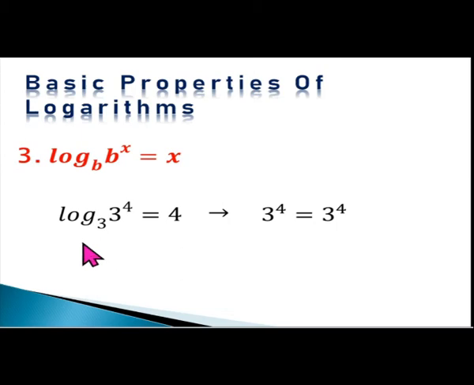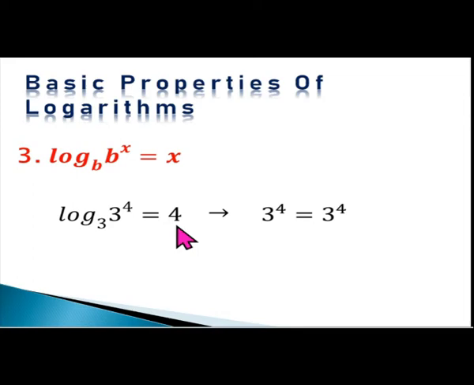Example, you have the logarithm of 3 raised to 4 with base 3 is equal to 4. Take note that your base is equal to the value of our a. Therefore, the exponent of our a is actually the answer to your logarithm.